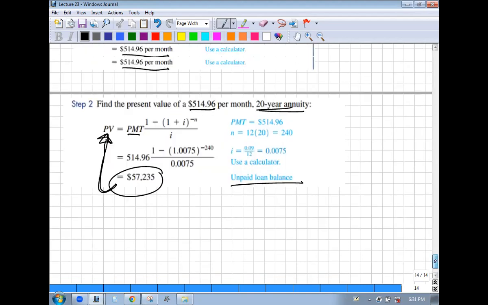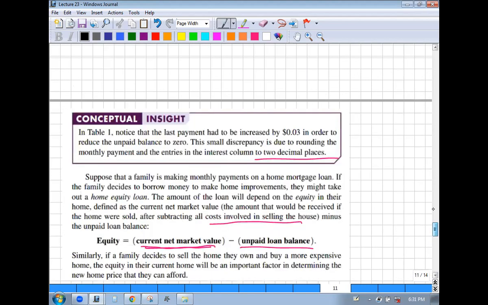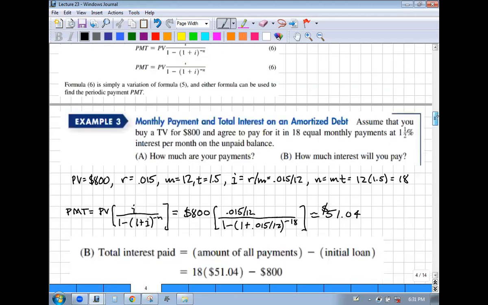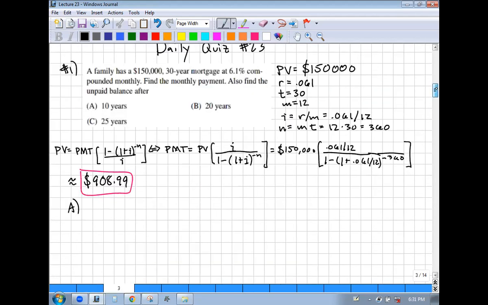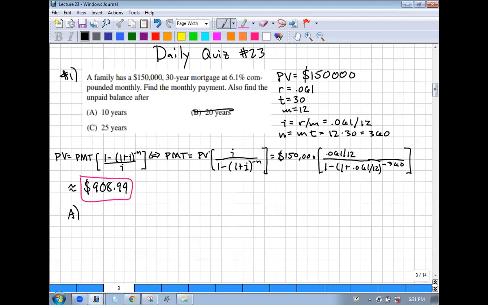So if we use our formula here, go back to our quiz, let's just do A here. I'm not gonna do these. We have our payments. We need to do 10 years. So we're gonna figure out how much we've paid in. So we're gonna use this same guy.